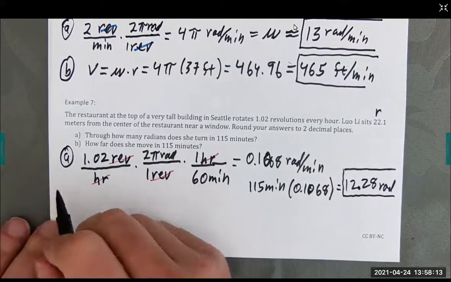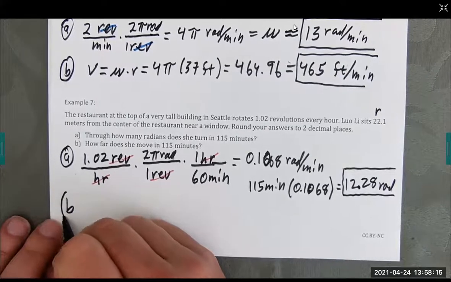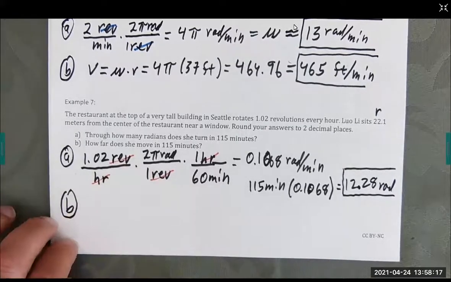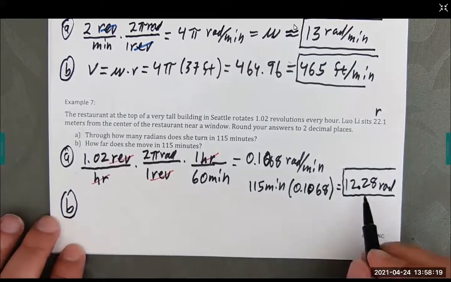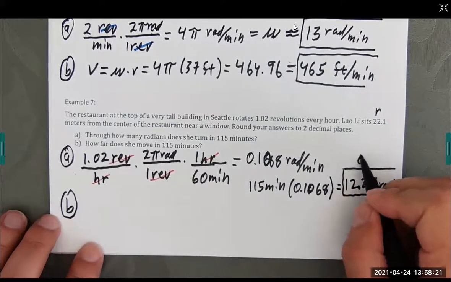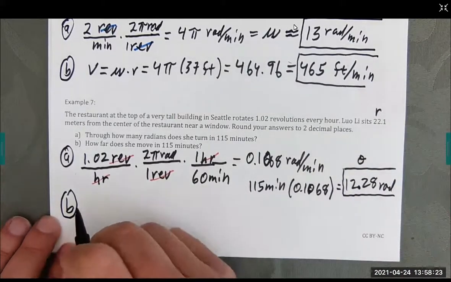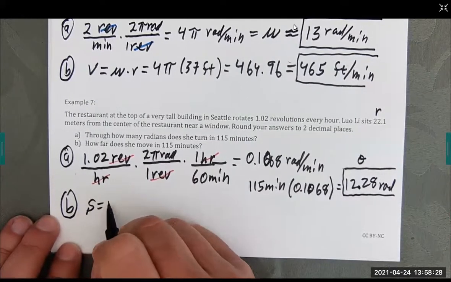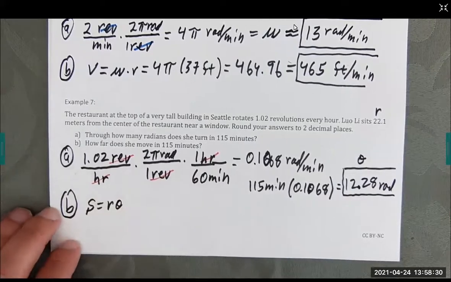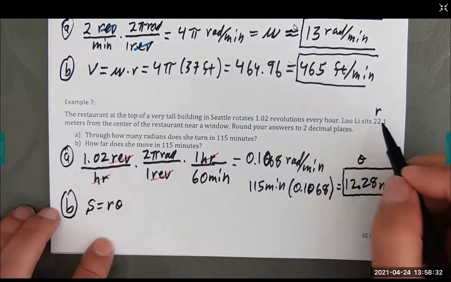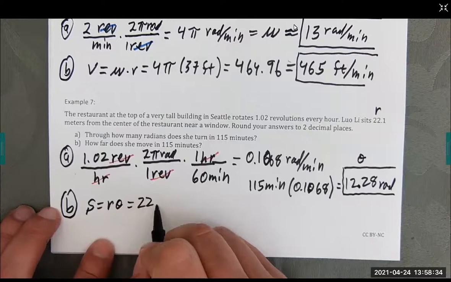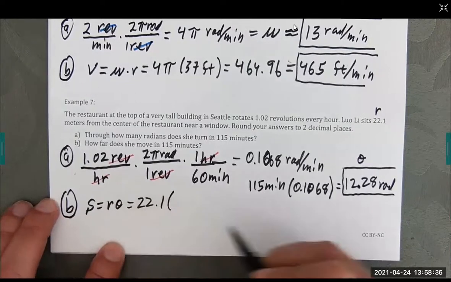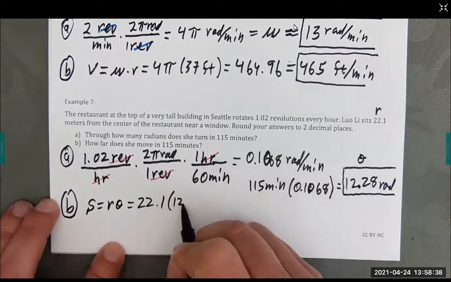Part B. All we're going to have to do for this one, and this is theta now that we've just figured out, is find how far, so that's S equals R times theta, that's arc length. R in this case is 22.1 times my theta, 12.28.